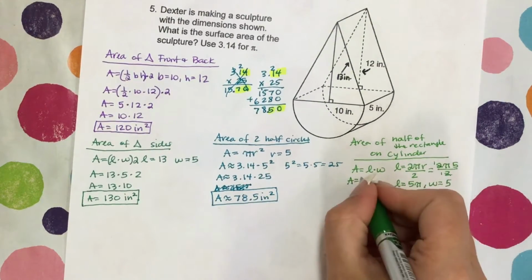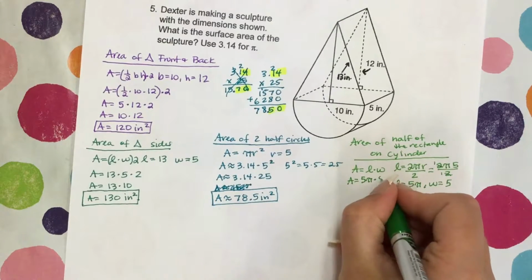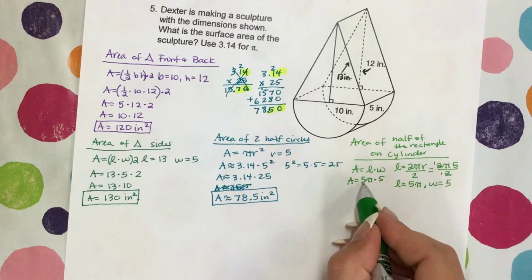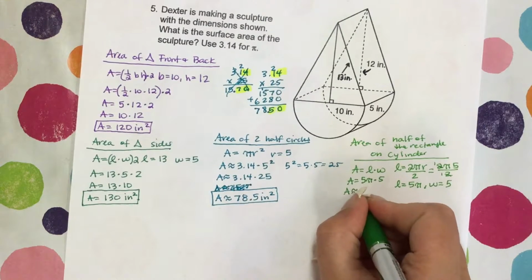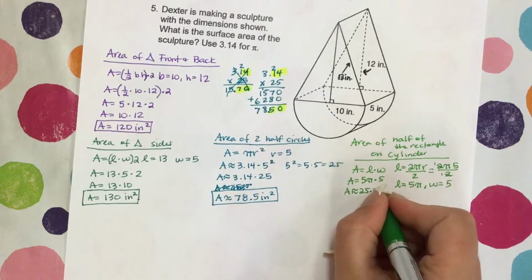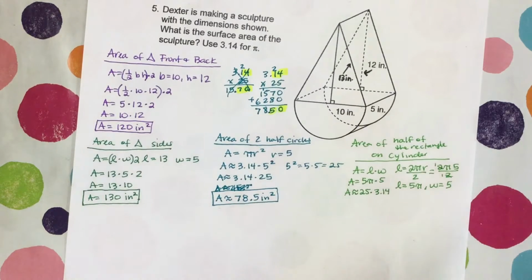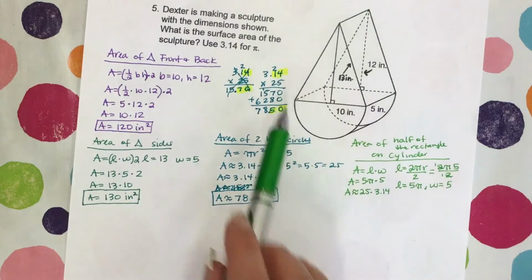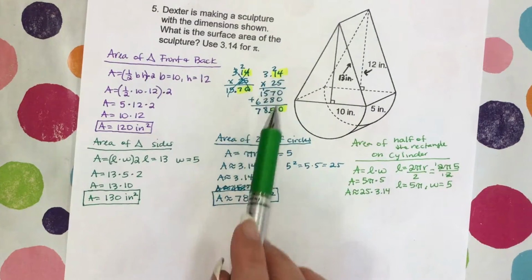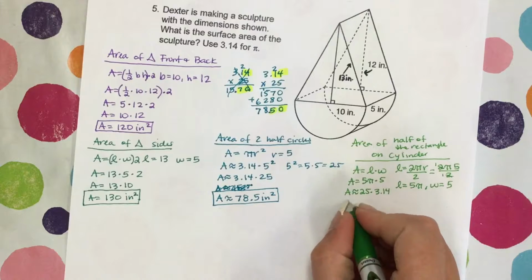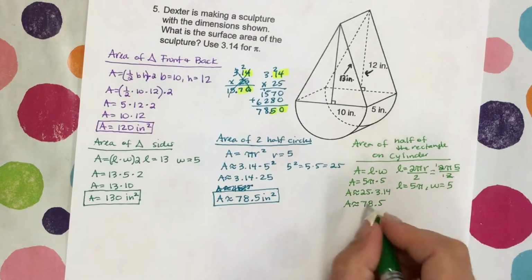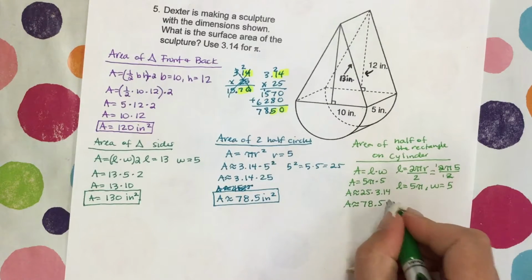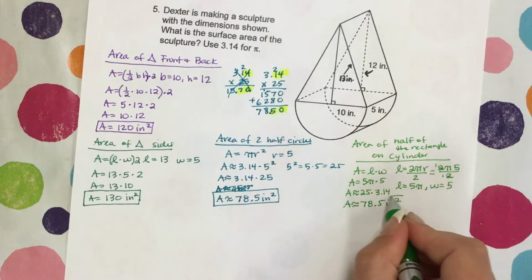Area equals 5 pi times 5. I'm going to go ahead and say 5 times 5 is 25. So area is going to be approximately 25 times 3.14. And we already did that problem. 3.14 times 25 is equal to approximately 78.5. That was nice how that worked out. 78.5 inches squared.